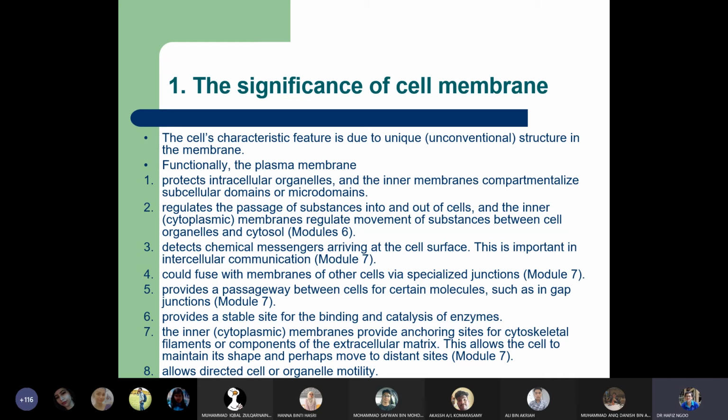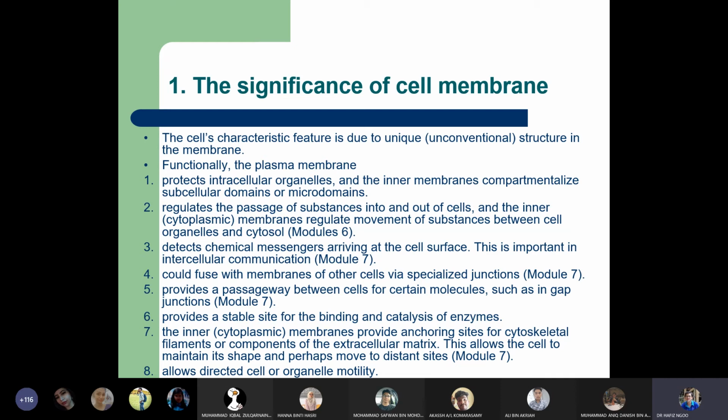The other function is to regulate the passage of substances in and out of the cell, which we already discussed, allowing only certain molecules to get into the cell and not any others. And number three, because it has certain receptors on the cell membrane, it is able to detect ligands or chemical messengers that arrive at the cell surface, and these are very important for cellular communication.